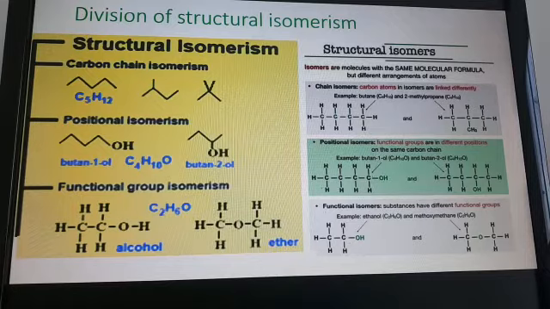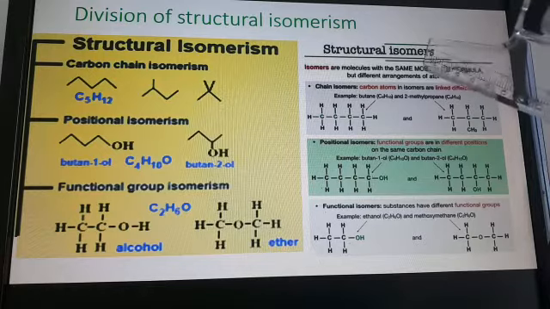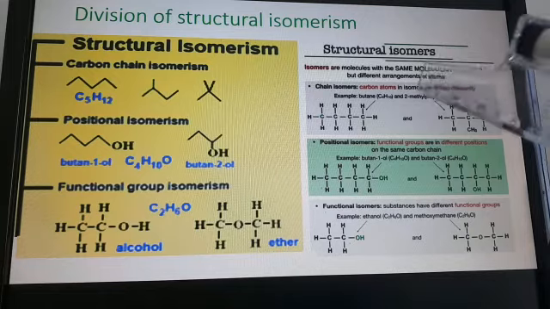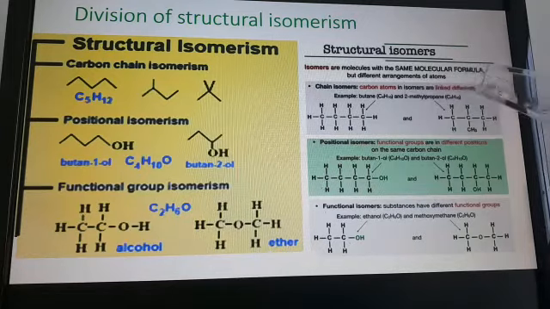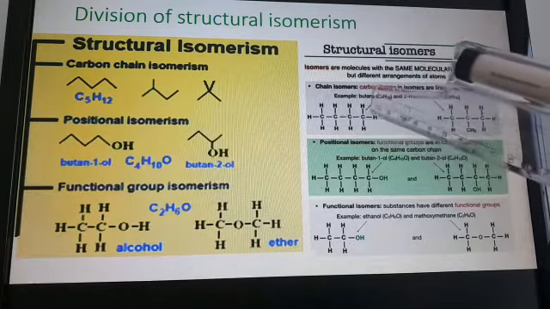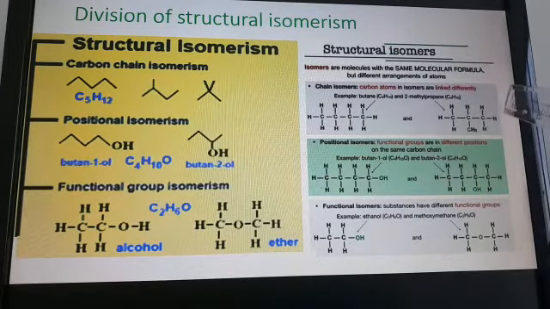That is chain isomerism. Example, butane C4H10 and 2-methylpropane. Here there are 4 carbon atoms in the main chain; here it is 3 carbon atoms. So this is the difference in the chain. The arrangement of carbon atoms is different.